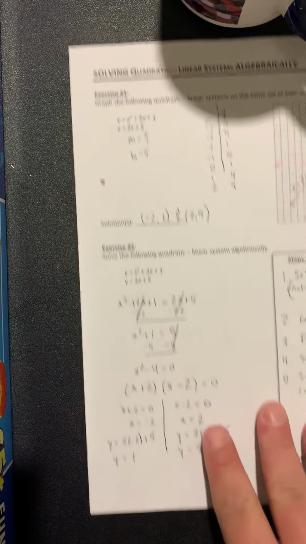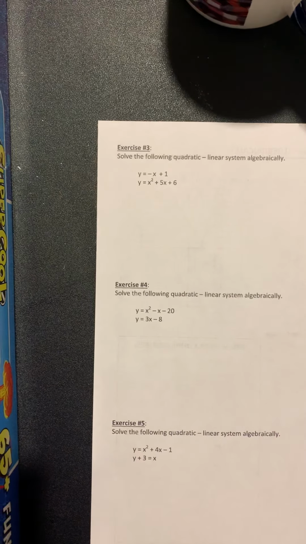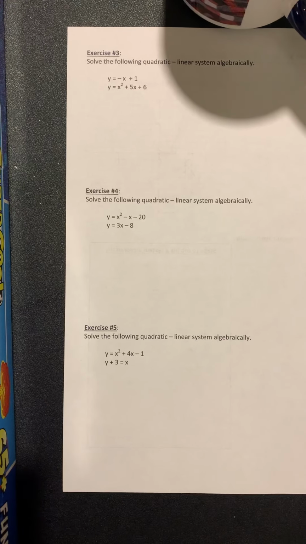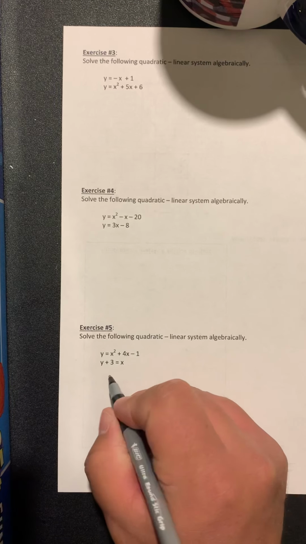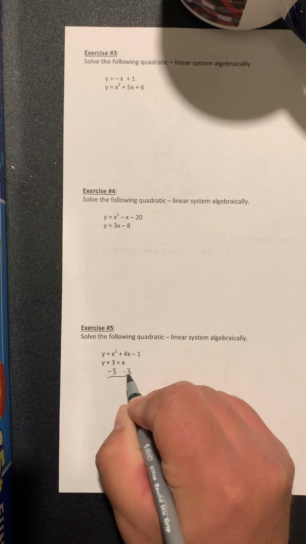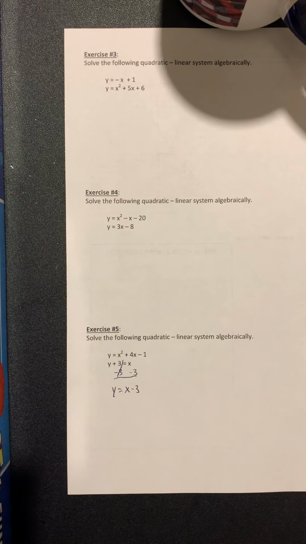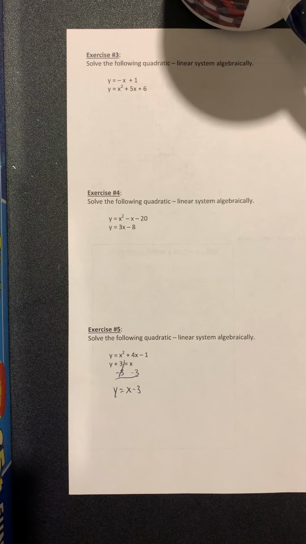All right, we're going to do one more together. Let's go down to exercise 5. Now you see in exercise 5, this one's not in y equals form. So I have to get it into y equals form. I minus my 3, and I have y equals x minus 3.